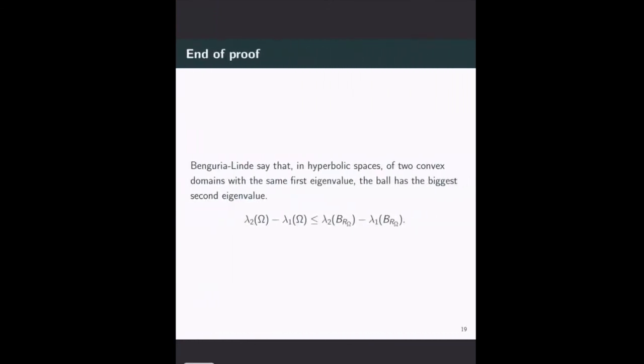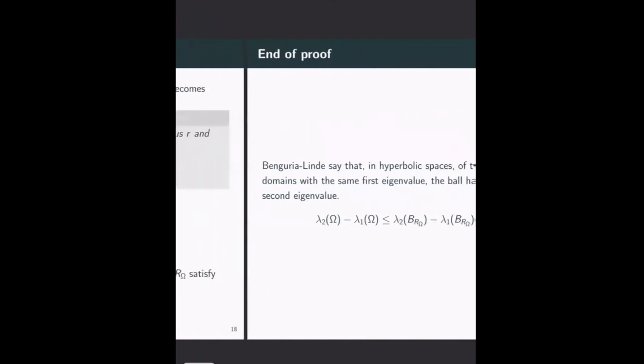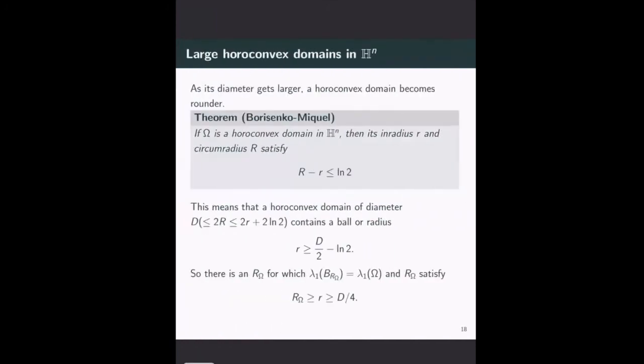Then we use the result I quoted. Ben-Gurion and Linde say that in hyperbolic space, of 2 convex domains with the same first eigenvalue, the ball has the biggest second eigenvalue. So now I can take a ball of radius r omega that's going to be bigger than the inscribed ball that has a radius greater than d over 4.